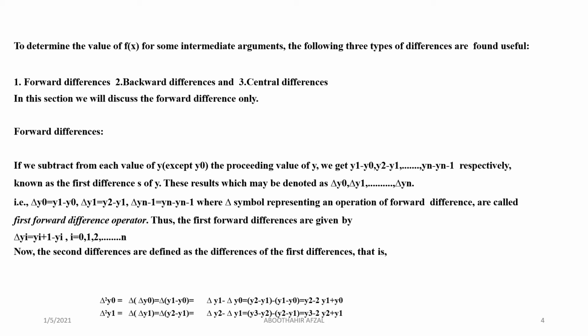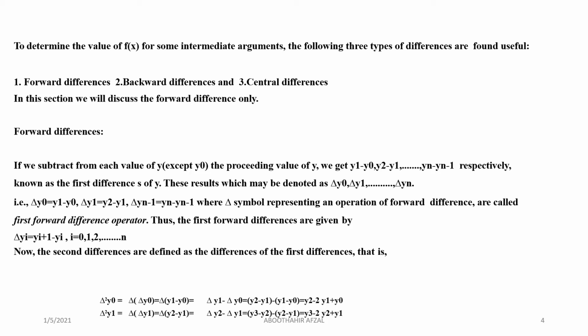Then I subtract y2 minus y1, y3 minus y2, y4 minus y3. So you subtract the preceding value from the next value. That is called the first difference of y.